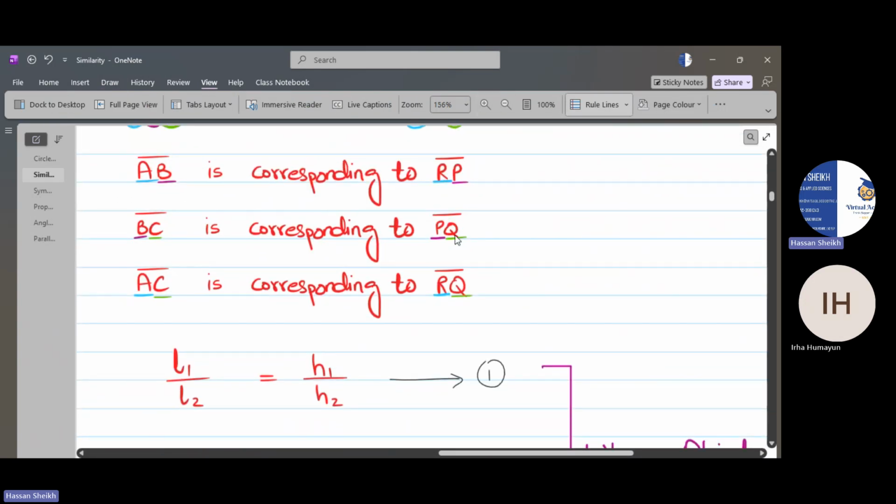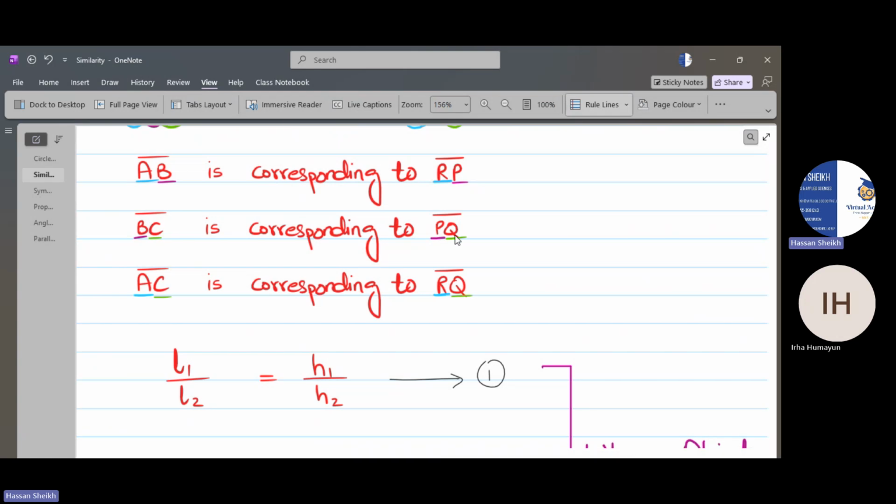If you check, L1 over L2 means the length of the first geometrical figure divided by the length of the second geometrical figure, equal to the height of the first geometrical figure divided by the height of the second geometrical figure.